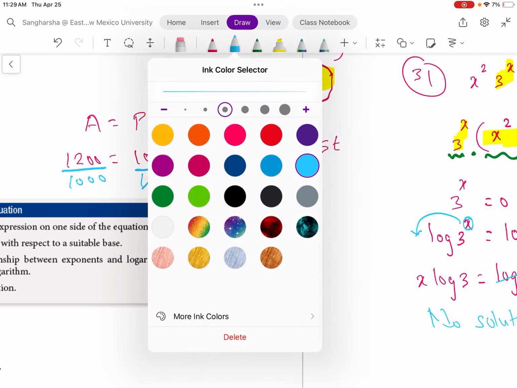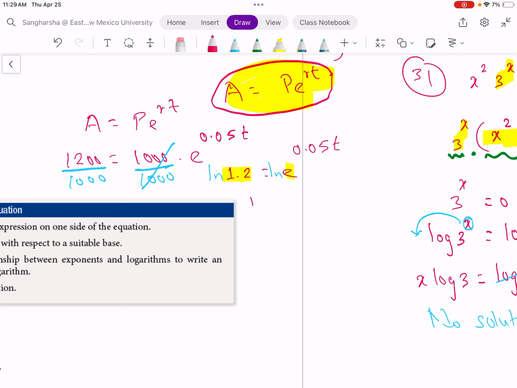So we have ln of 1.2 equals, this is the exponent, right? So you can write this in front of the log. So we have 0.05T ln of e. And what do we know about ln of e? This is 1, right?